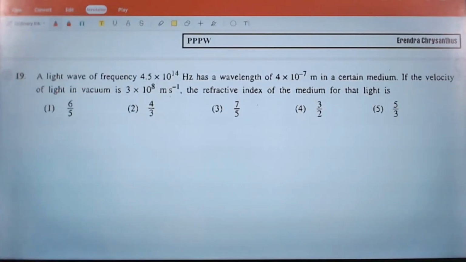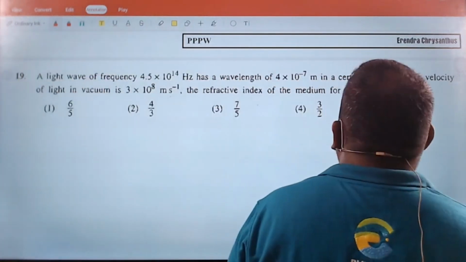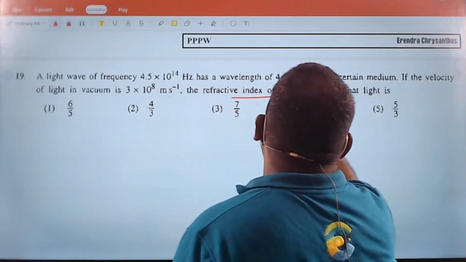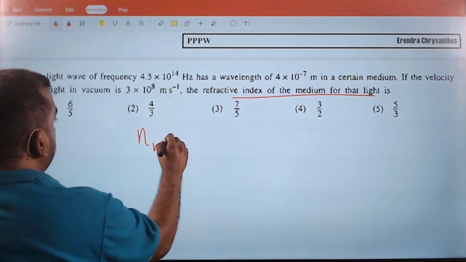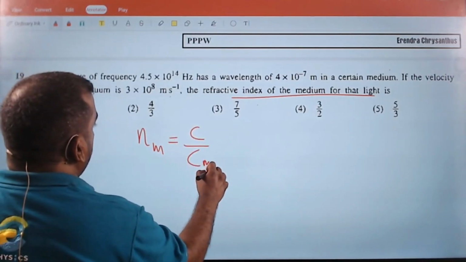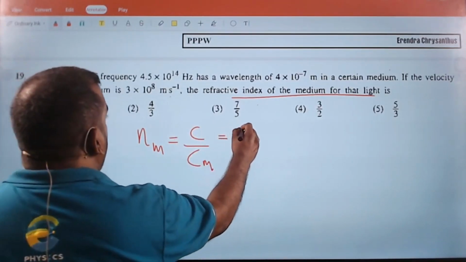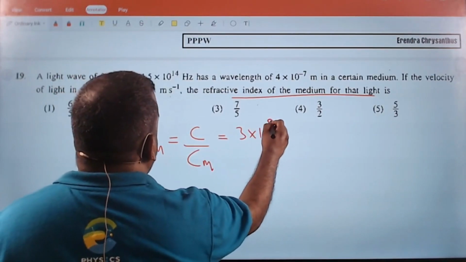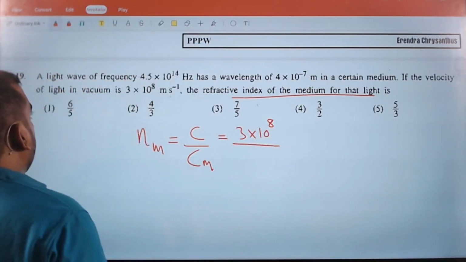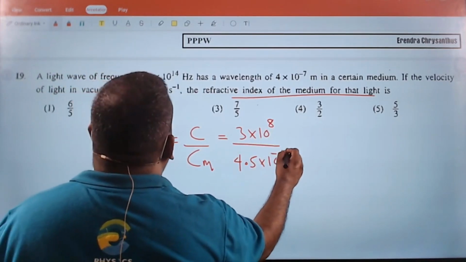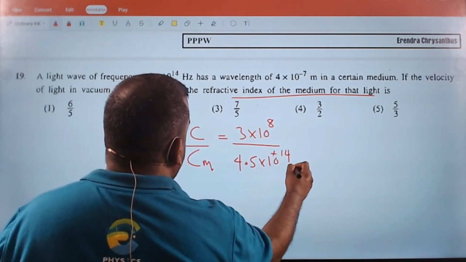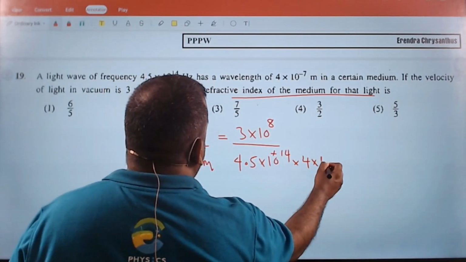A light wave of frequency 4.5 times 10 to the power 14 Hertz has a wavelength of 4 times 10 to the power minus 7 in a certain medium. What's the refractive index of the medium? Refractive index is C over the speed in the medium. Speed of light in vacuum is 3 times 10 to the power 8. Speed in the medium is 4.5 times 10 to the power 14 into 4 times 10 to the power minus 7.